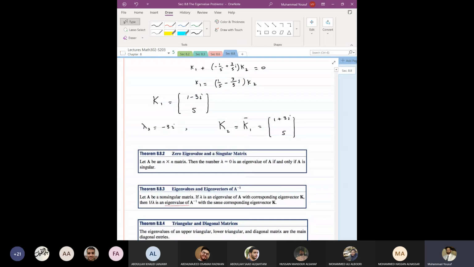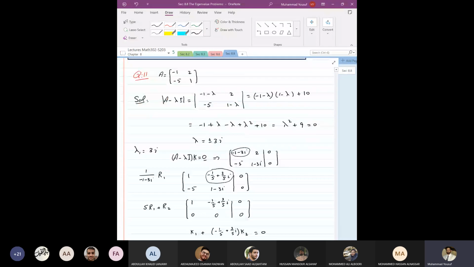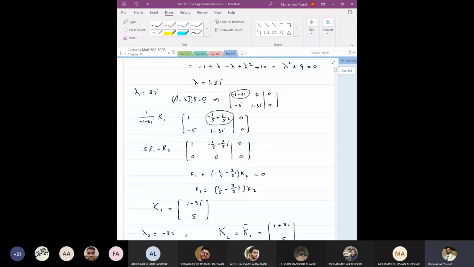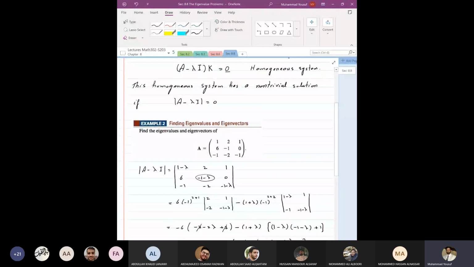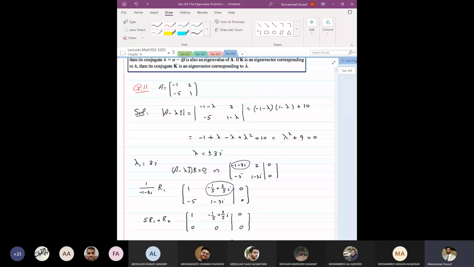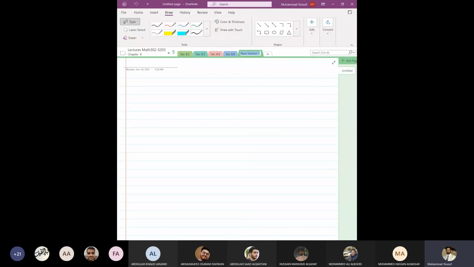Now here, since I have shown you eigenvalues and eigenvectors for a complex 2 by 2 and for a real matrix, examples are given. So you can do more questions, as many as you want, to learn this material more.